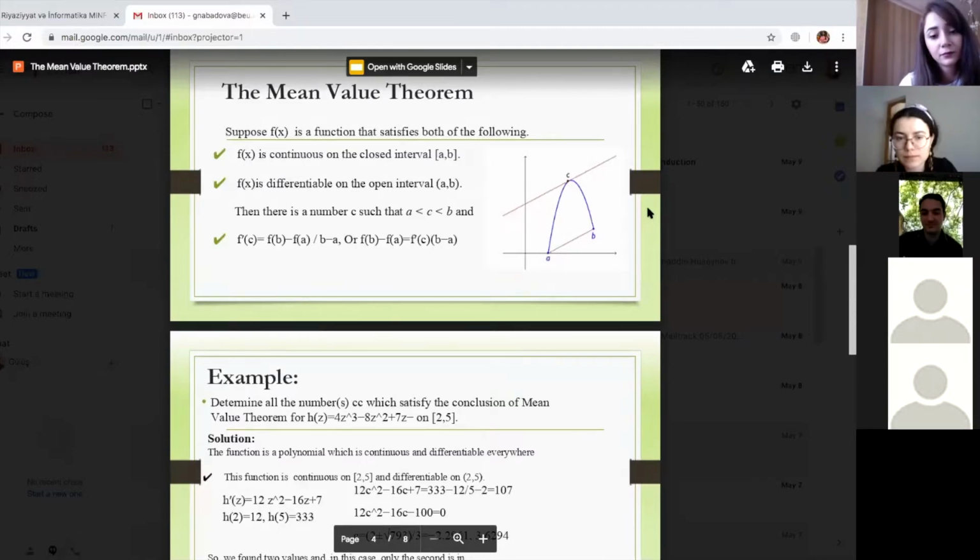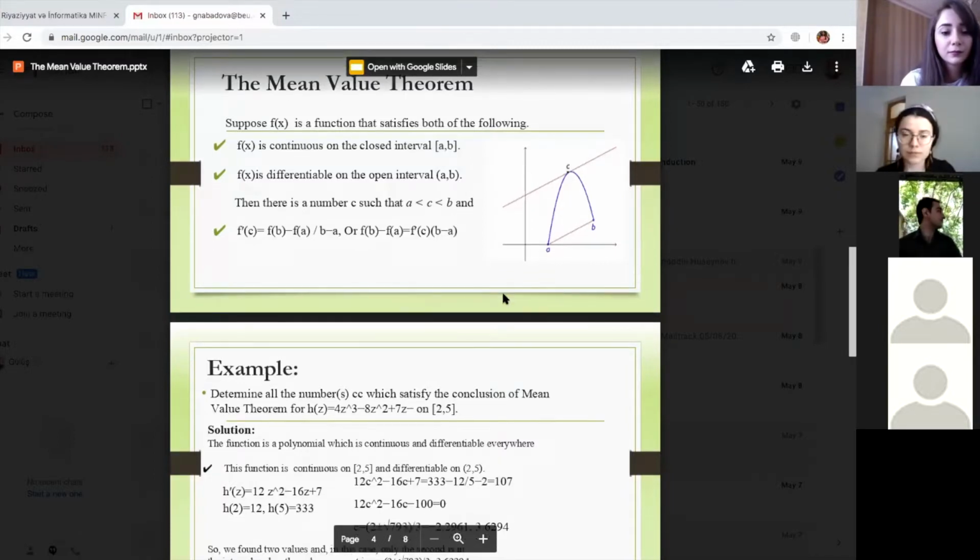Then there is a number c located between a and b such that the tangent at c is parallel to the secant line, and we get the formula f'(c) equal to (f(b) - f(a)) divided by (b - a). If you look at the example, we will clearly understand.